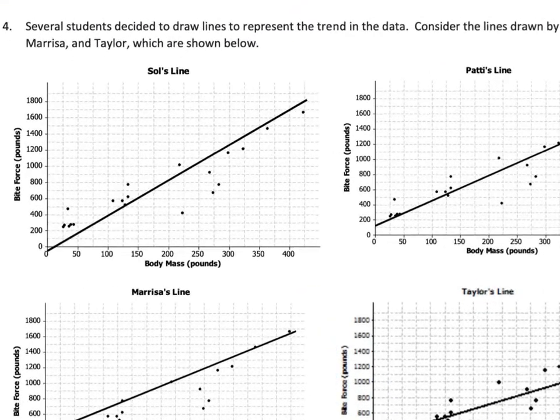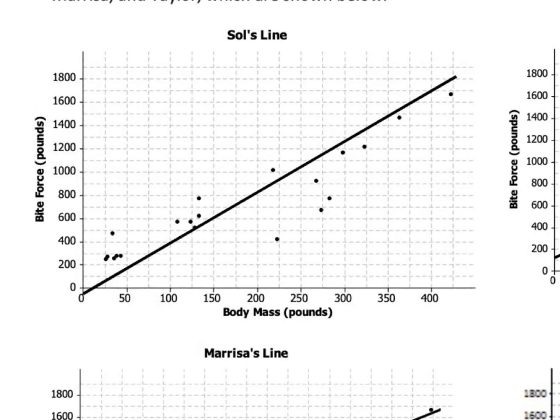So looking at Sol's line right here, I would say that this is not a good line of best fit because it overestimates most of these predictions and underestimates most of these predictions as well. There's a lot of points that are high up here that are off of the prediction, right? There's only one that's on it. And there's a lot of points beneath that are off if we were to use this line to predict as well.